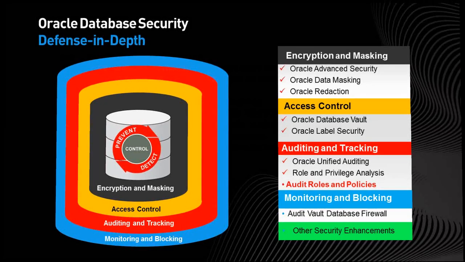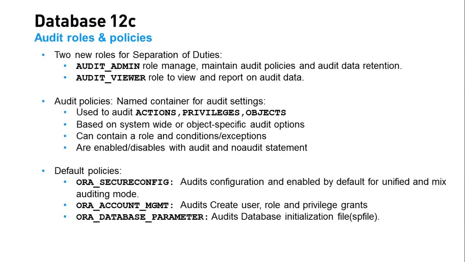Audit roles and policies. In database 12c, as I mentioned, there are two new roles that have been introduced, which are audit admin and audit viewer. In order to enforce separation of duties for greater security and reporting, these two new roles were introduced in 12c. The users who have been granted the audit admin role can be used for setup or management of audit trails and policies. Audit viewer can be granted to a user to see the audit results.